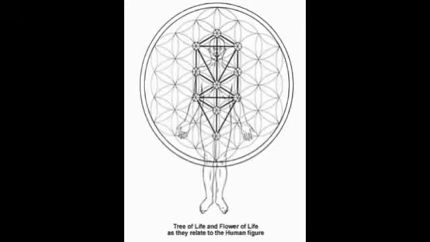On the right side, you see the architecture of our body. It fits completely to the flower of life, which is the main geometric structure on our planet.